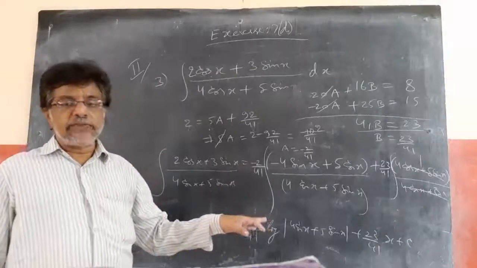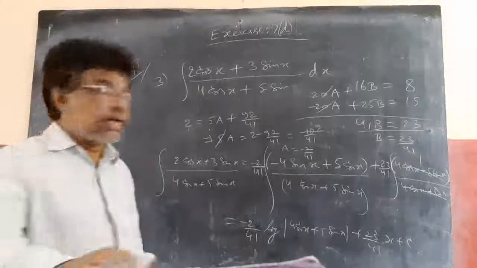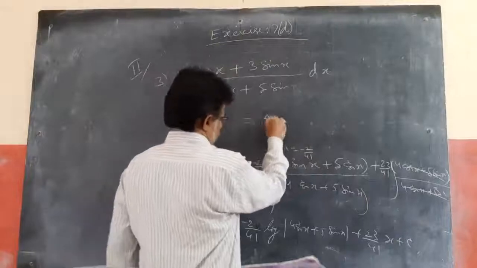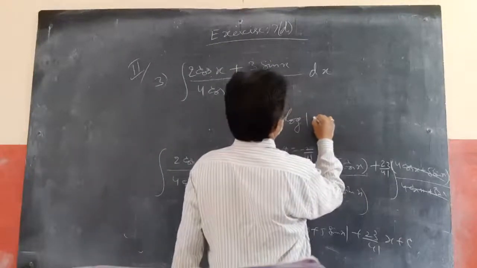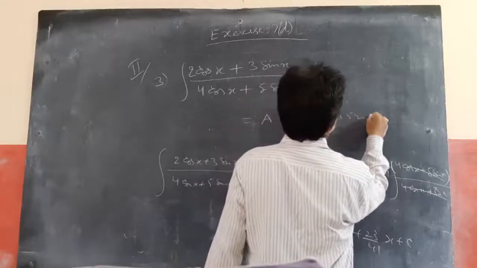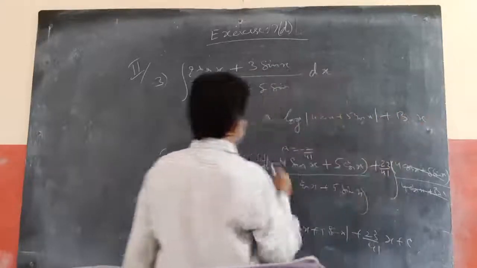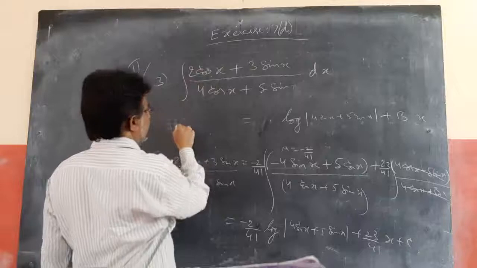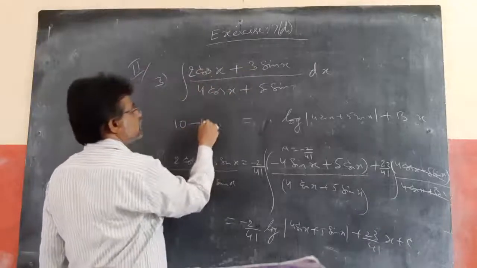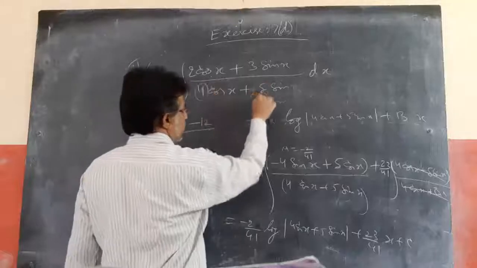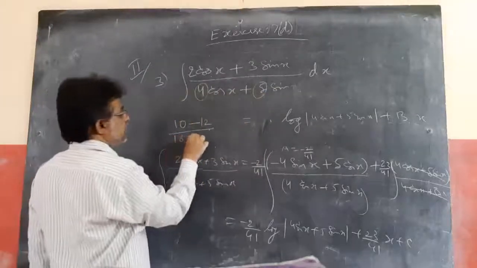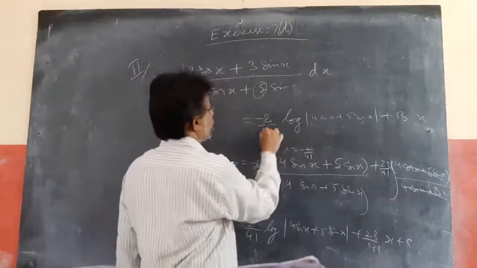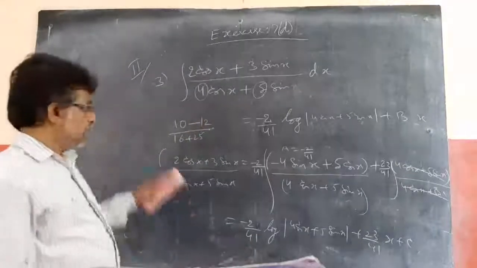Instead of doing this much, if it is objective, as I told you, we will do it simply: a into log mod of the denominator, 4 cos x plus 5 sin x, plus b into x. To find a, this into this: 2 into 5 is 10, minus this into this: 4 into 3 is 12, by c square plus d square, 16 plus 25, so minus 2 by 41.